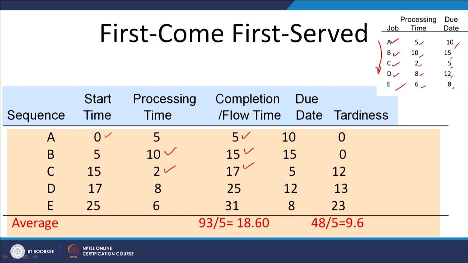So, flow time or completion time is the waiting time plus the processing time, for which the job is done. After 17 days, the next job D is taken up, with processing time 8, so it is completed after 25 days.